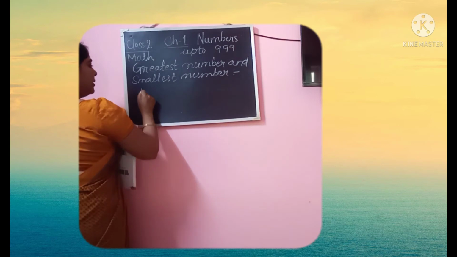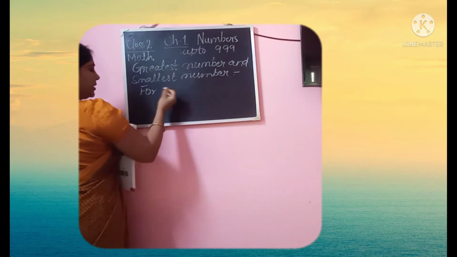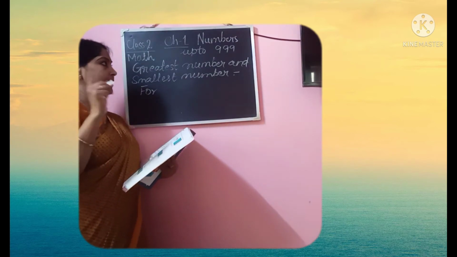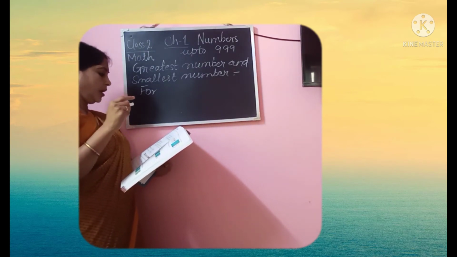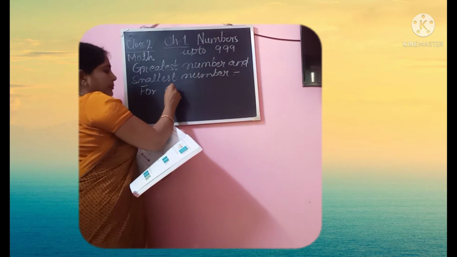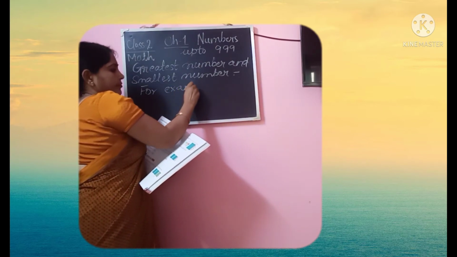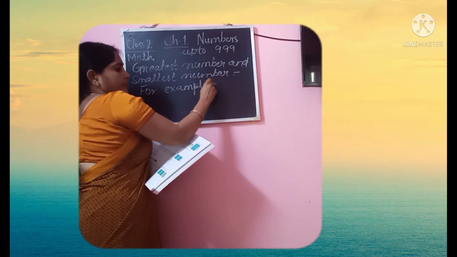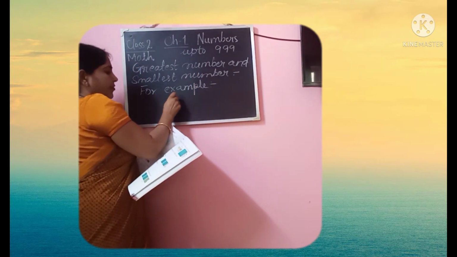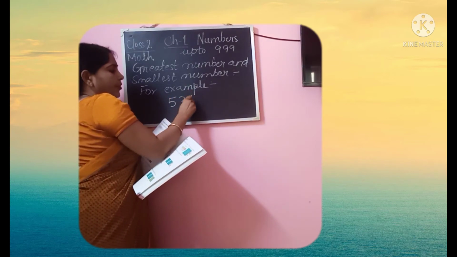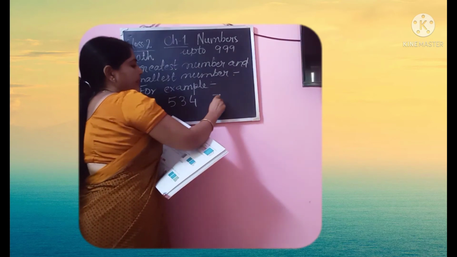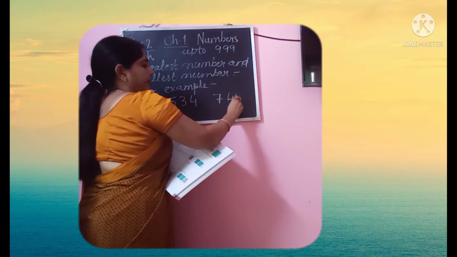Say for example, there are two numbers given and we are going to compare the numbers. We have a number like say 534 and another number say 745.